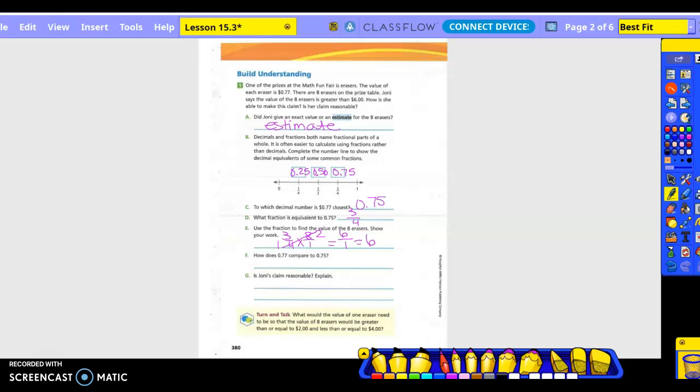So how does 77 hundredths compare to 75 hundredths? Well, greater than or less than, it is greater than 75 hundredths. Is Joni's claim reasonable?